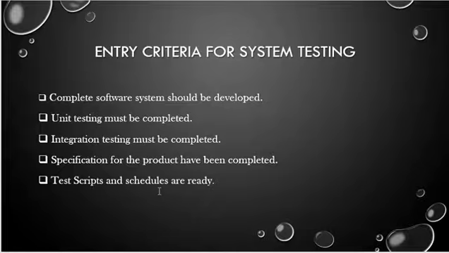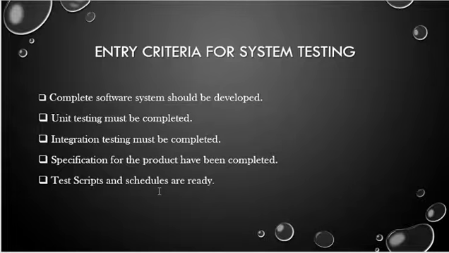Okay. Then unit testing must be completed on the software. So exactly before getting into system testing, I want my unit testing to be completed. I want my integration to be completed. When I say unit and integration, unit is I want my module A to be tested completely and I want module B to be tested completely.